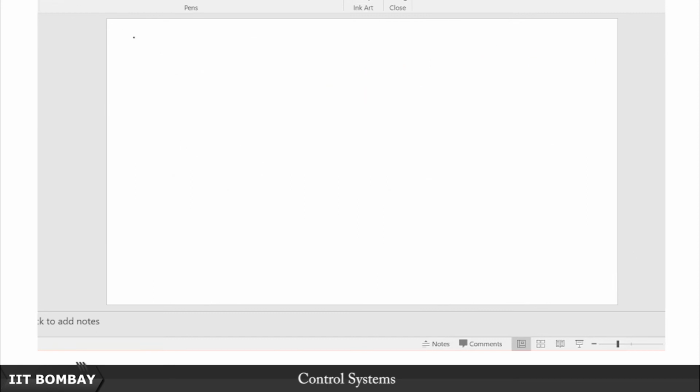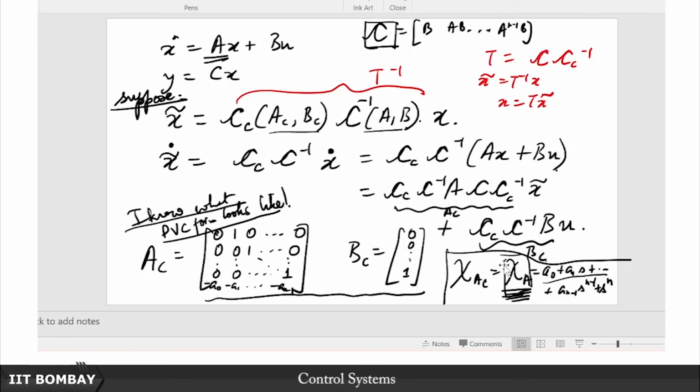So then I can go from x to x tilde clearly, because this transformation is what I need.